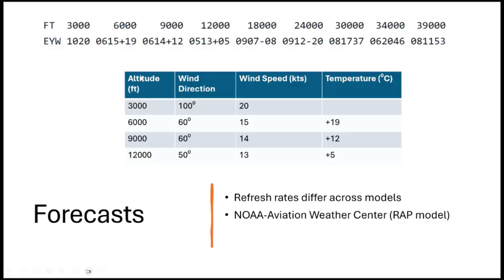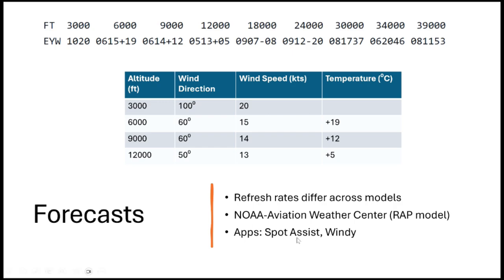So I put this in table form so it's a little bit easier to see. So from 3,000 to 12,000 feet, that's typically the altitudes that we care about as skydivers. And I have essentially translated this into what these are here. And this was data that was pulled from yesterday, July 15th. So that's where this data is coming from for Key West.